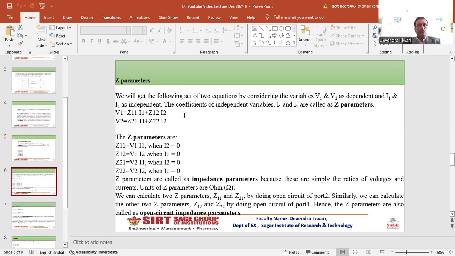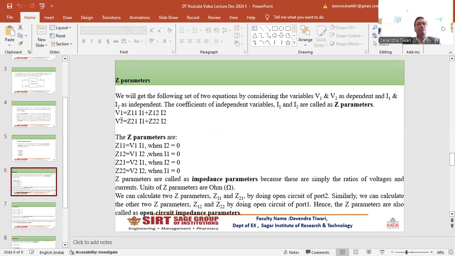As told earlier, we will get equations pertaining to V1 and V2. There will be two equations by considering the variables V1, V2 as dependent and I1, I2 as independent variables, and the coefficients of the independent variables I1 and I2 are known as Z parameters.